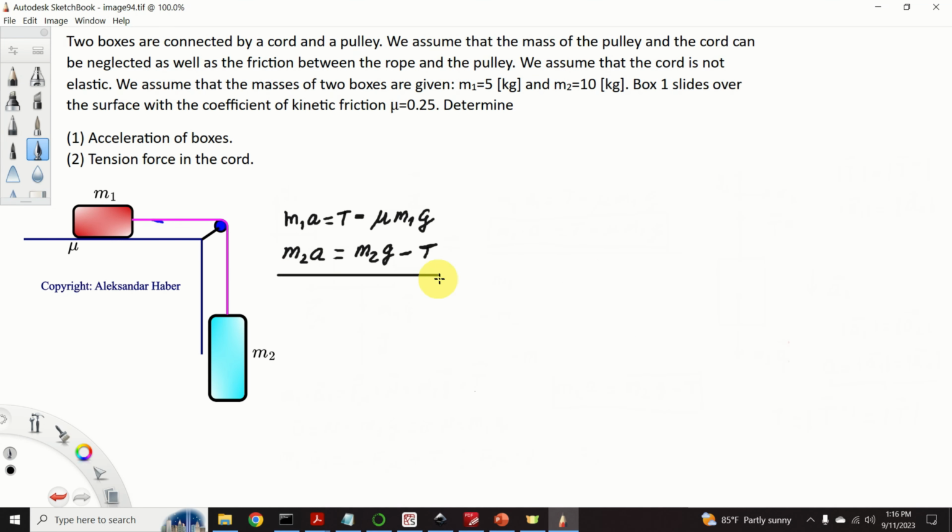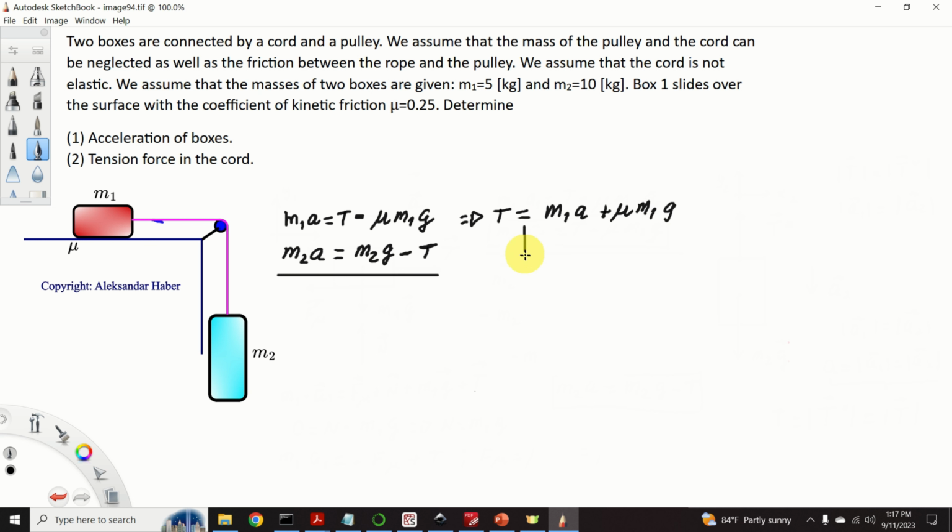To make this video tutorial as clear as possible, over here I've written again these two equations. We need to solve this system of equations for A and T. How to do that? From the first equation, we can express T as T is equal to m1a plus mu m1g.